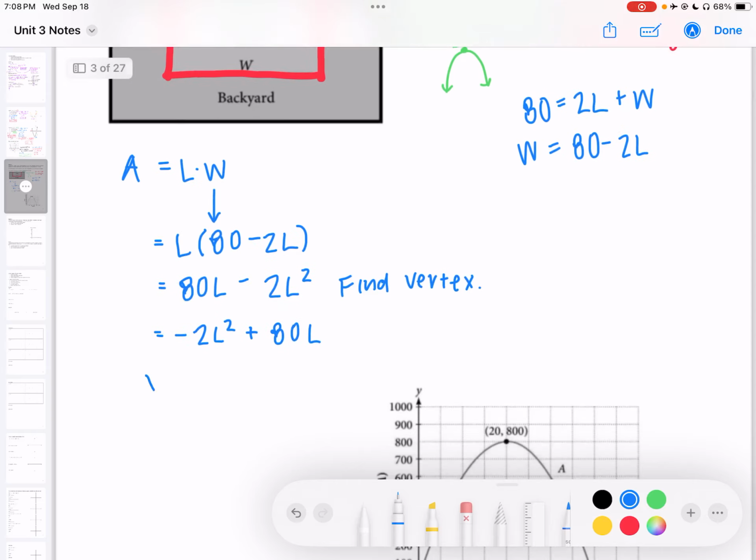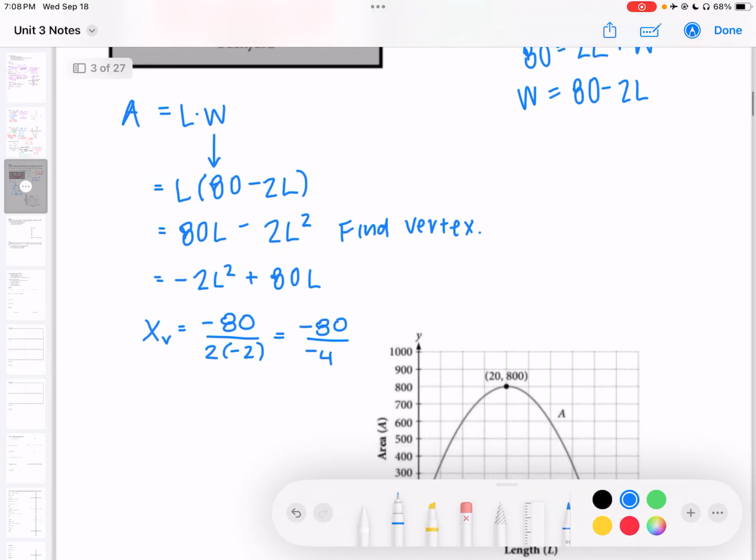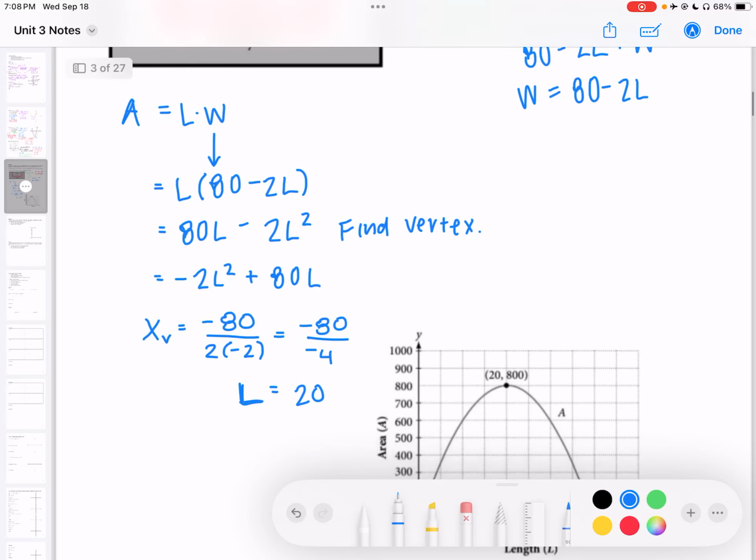And now I'm going to find the x-coordinate of the vertex. -80 over 2a is -80 over -4. And that's going to be 20. So we have a length of 20, and that is going to be our x-coordinate.